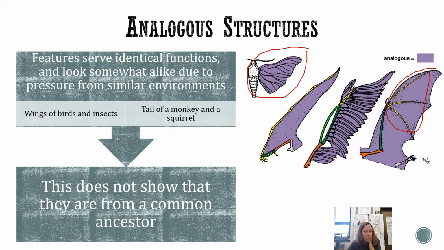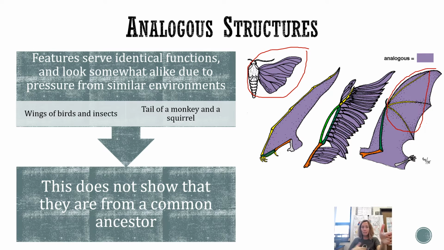Because this one has fingers, and this doesn't even have bones, but they all serve the same function. All of these wings are to fly, right? They all became the same because they need those structures because they live in the same environment, right? So there were different organisms that came together to look the same, convergent evolution, and those are analogous structures.